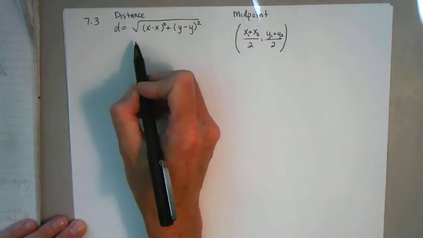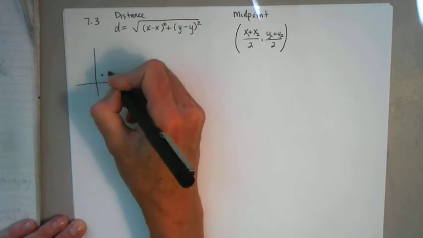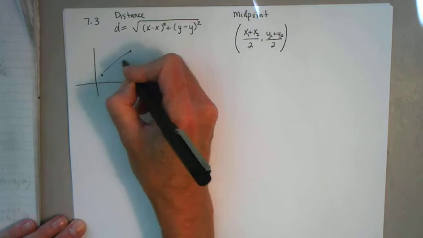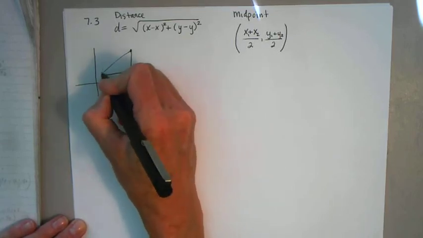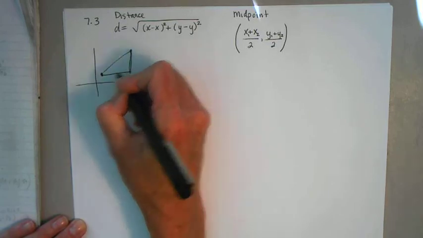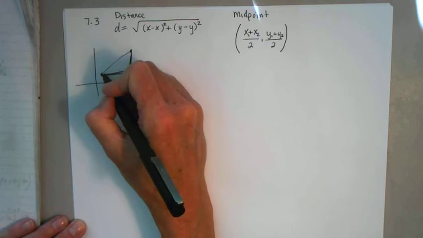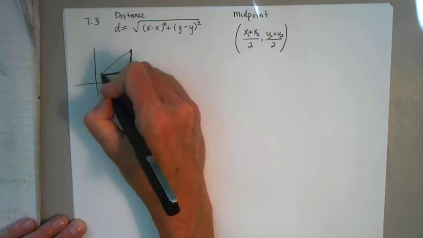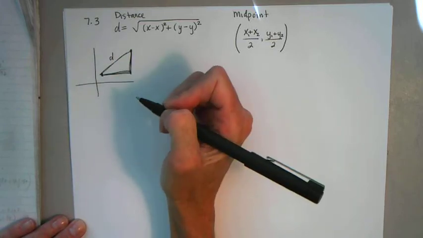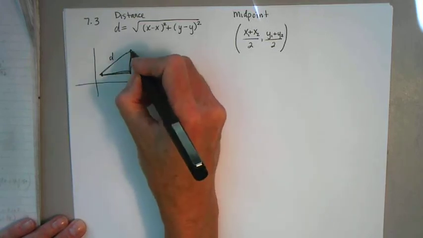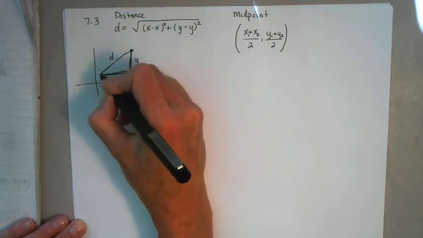Now, the distance formula, if you think about an xy plane, and let's just draw a random triangle. So if I draw a right triangle, I have 2 random points, and I draw a right triangle between those points. You might remember Pythagoras: this leg squared plus this leg squared equals the hypotenuse squared. Well, the hypotenuse happens to be the distance, doesn't it? This side right here will be the y value, 1 y value, subtract this y value.